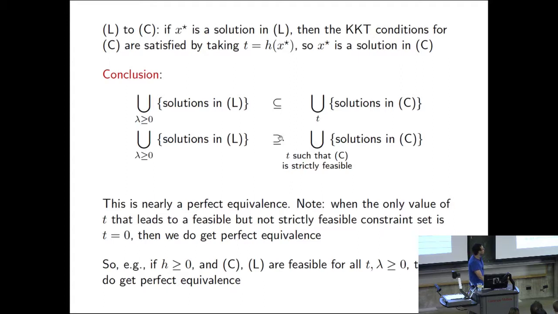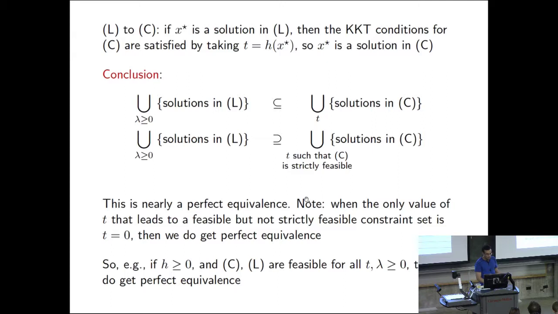We didn't get quite the exact perfectly symmetric statement, but we saw that for solutions in the constrained problem, for values of t such that that constrained problem is strictly feasible, they can be written as solutions in L. If it wasn't strictly feasible, then we didn't know that strong duality holds, and we couldn't actually claim the KKT conditions were necessary. That's why we needed strict feasibility. So I'd say it's nearly a perfect equivalence. It's not exactly perfectly equivalent, but for most problems we care about, this actually is a perfect equivalence.